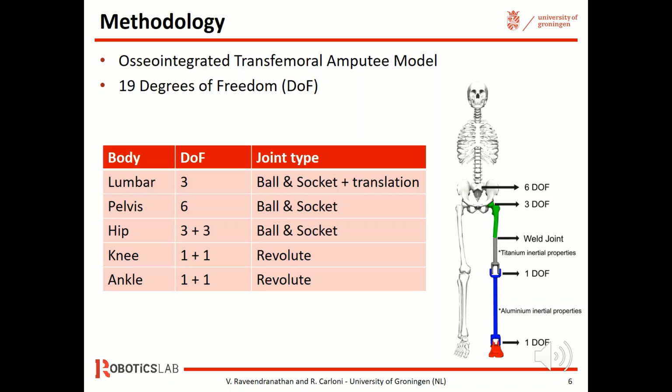The musculotendon units have been disabled as they are not within the scope of this research. The left femur was cut and its mass, inertial properties, and center of mass were modified accordingly. To simplify the model, the subtalar and the metatarsal joints were locked at their neutral positions.